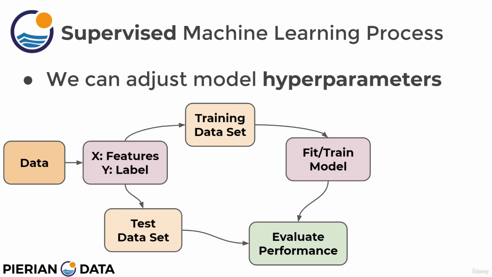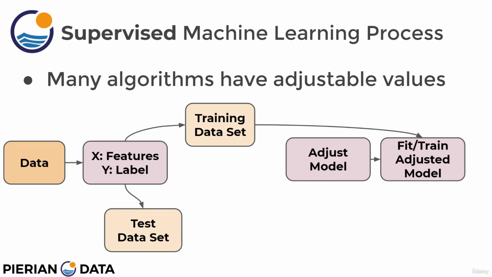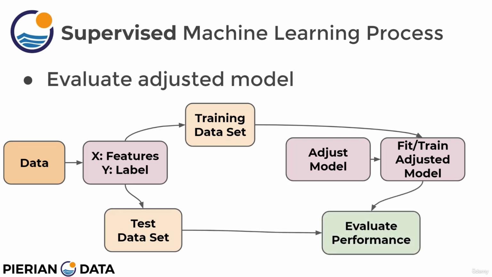Well, we can adjust what are known as model hyperparameters. Essentially, many algorithms have adjustable values. So if you're unsatisfied with the performance on the test set, you can go back and adjust your model's parameters. Then you retrain the model on the training data set and evaluate this adjusted model again on only the features of the test data set. And you can repeat this process as necessary.